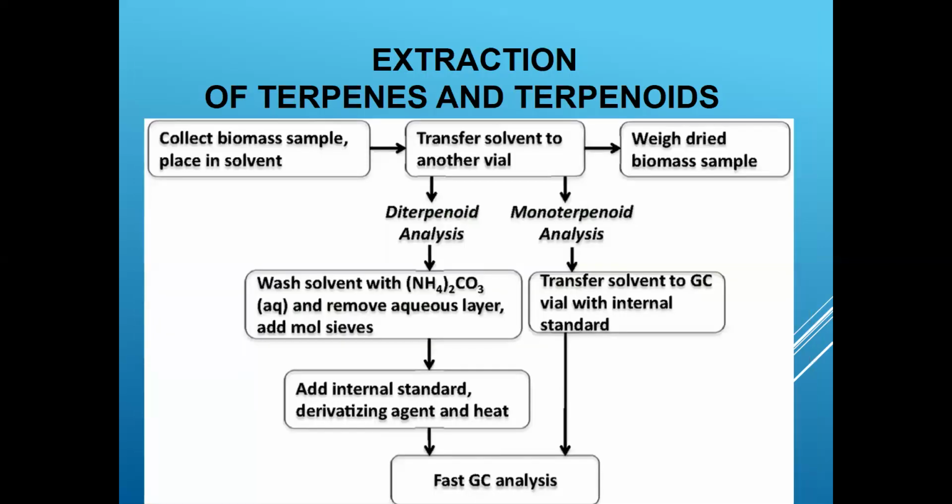You can see the main steps of extraction of terpenes and terpenoids: collect biomass sample, place in solvent, transfer solvent to another vial, dry the biomass sample, diterpenoid analysis, monoterpenoid analysis, fast gas chromatography analysis.